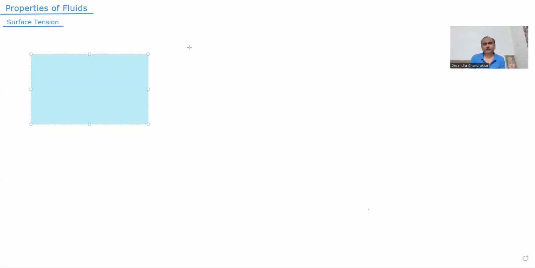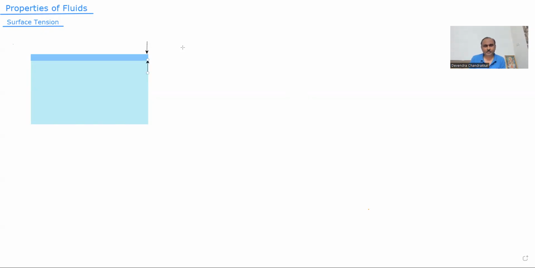So first of all, let's define what is a surface. If this is a fluid, this is the topmost layer of the fluid. Now, this surface is surface till what thickness? I repeat, surface is surface till what thickness? This is the thickness of the surface.